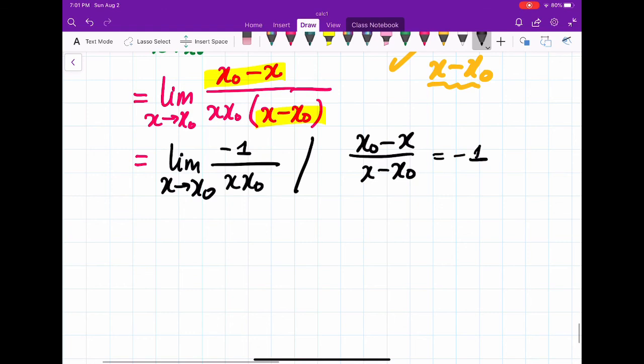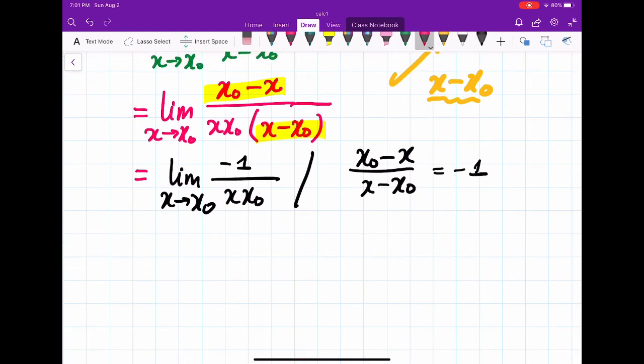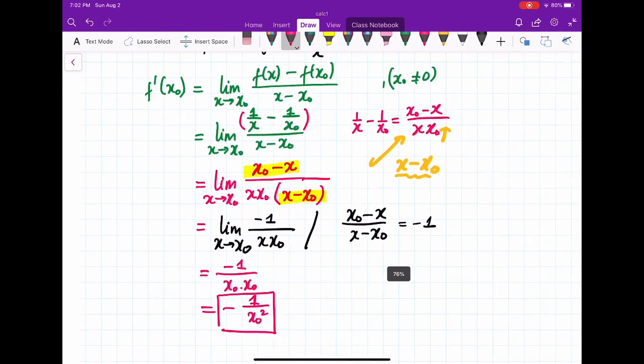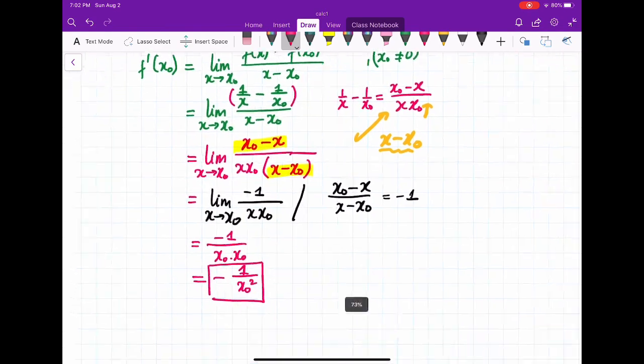Then you plug x0 into this limit. You get, no limit, sorry, you get -1 over x0 times x0, which is -1 over x0 squared. And this is the derivative of the function 1 over x at any x.